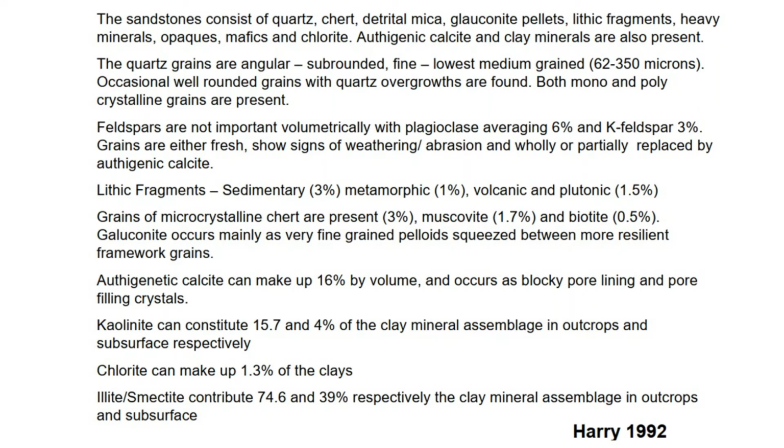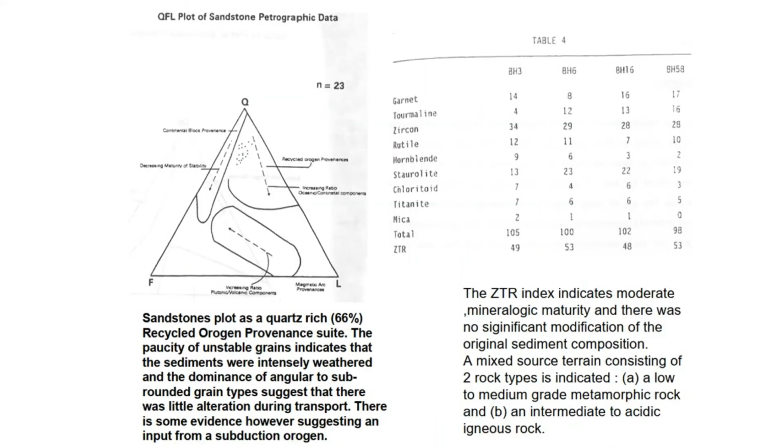He analyzed the sandstones and identified its various constituent grains. Quartz, feldspar, and lithic fragment ternary plots indicate the sandstones have a recycled origin provenance suite. It suggests that they had some input from a subduction origin.